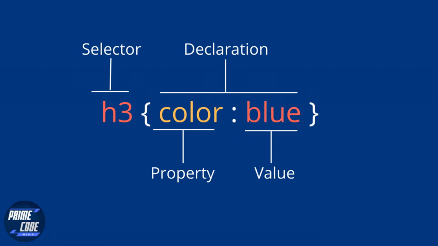A declaration block is made up of one or more declarations separated by a semicolon inside a set of curly braces. Now, let's put everything that you are looking at on this slide into practice.